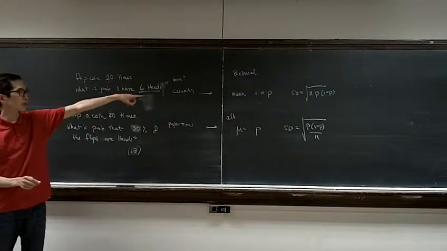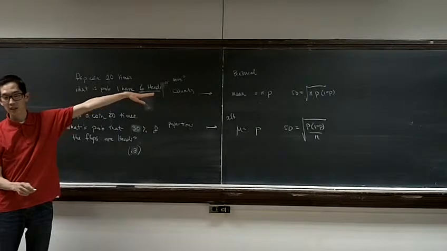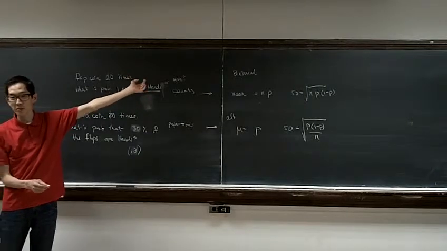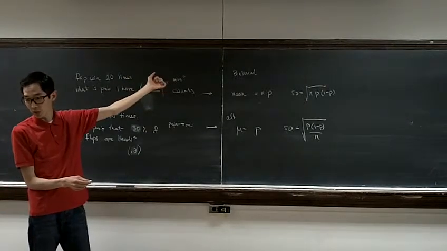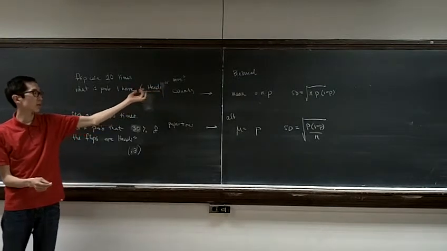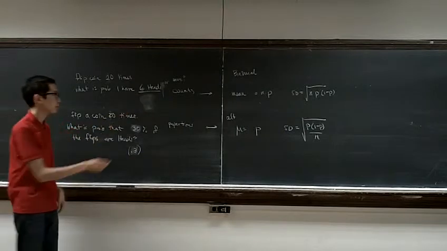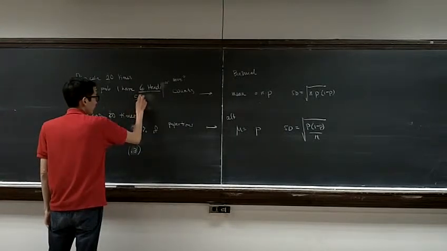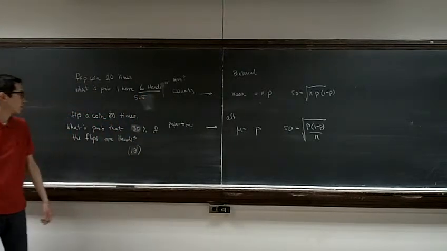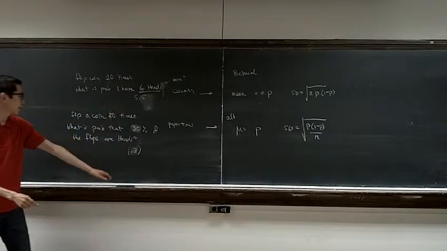We could do it with binomial, and we would have this. If we wanted to do a normal approximation with a continuity correction, where would I draw my cutoff? 5.5, right? So my cutoff would be at 5.5.